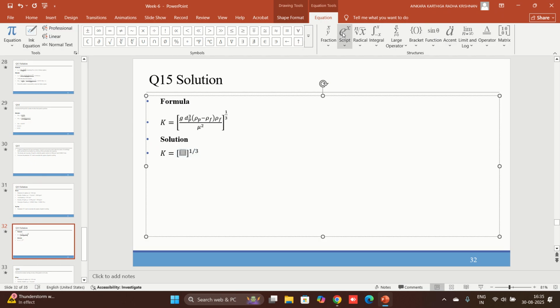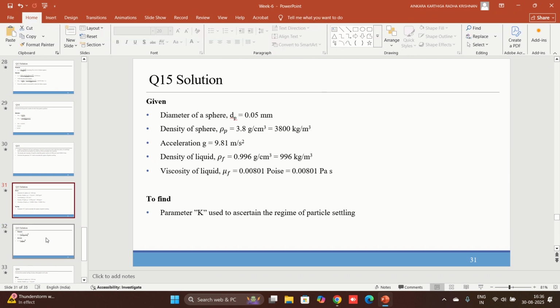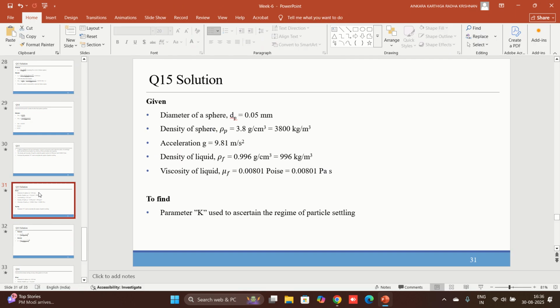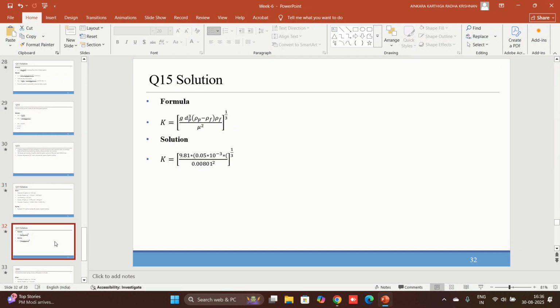Now g is 9.81. Now we have mu, what was mu? 0.00801, squared, and in the numerator we have 9.81 into dp, what was dp? dp is 0.05 mm, so it is 0.05 into 10 power minus 3, into rho p minus rho f, which is 3800 minus 996.